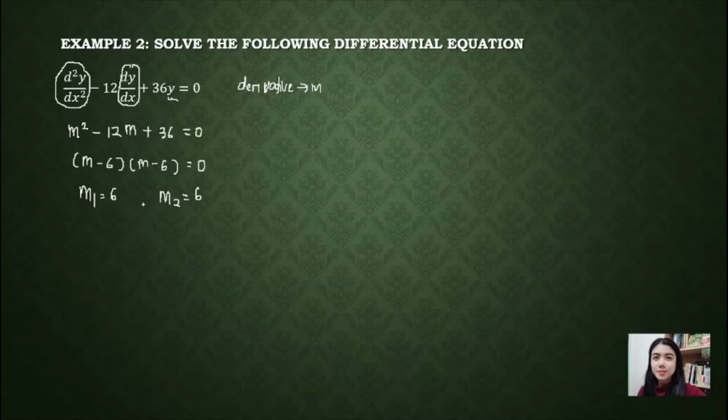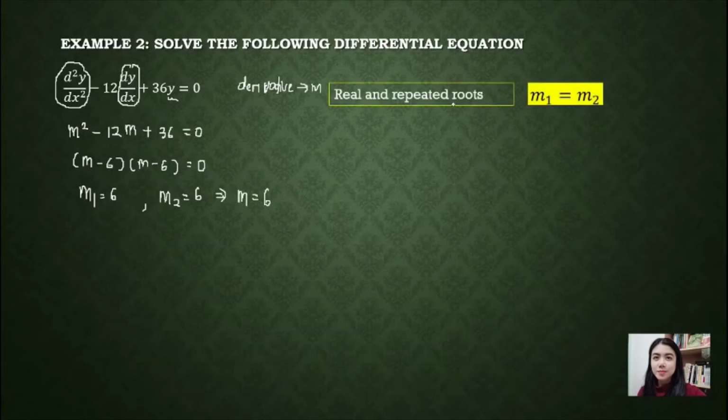Since m1 is equal to m2, we can say that basically they are all m. We just say that your m is actually equal to 6. This is actually the type that I said just now. This is a real and repeated root because you have the value of m1 equal to the value of m2, and then we say that it's actually equal to m.